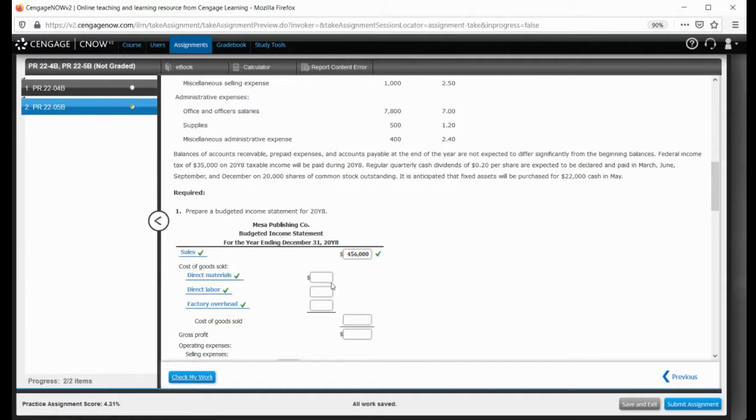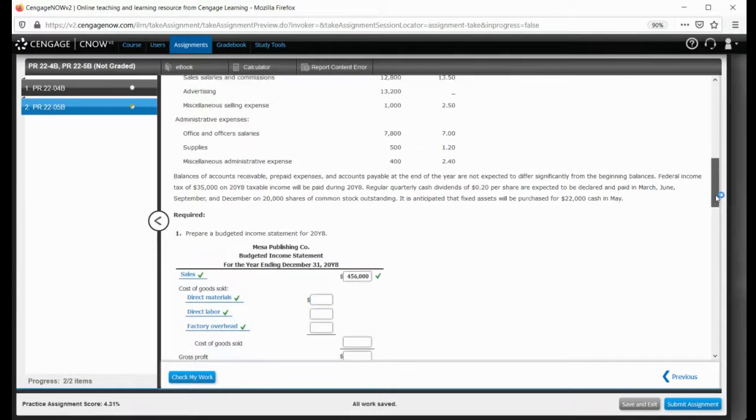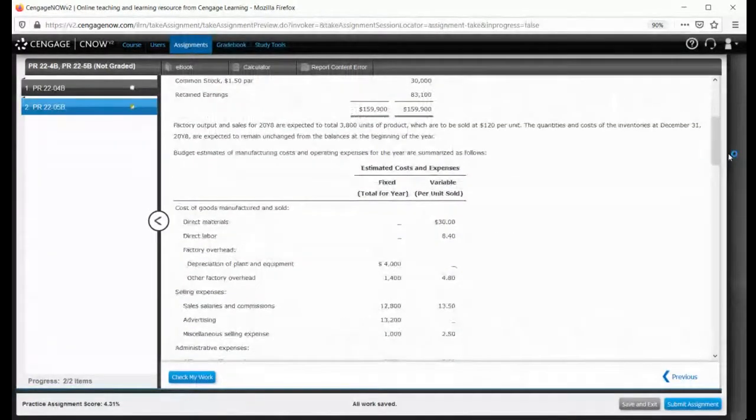Now you are going to have to determine the amount to put in for each one of these manufacturing costs. And for your direct materials, what you need to know is that direct materials has been given to you as a variable cost per unit sold. Notice in your instructions here, they tell you the variable cost of the unit sold is $30 per unit.